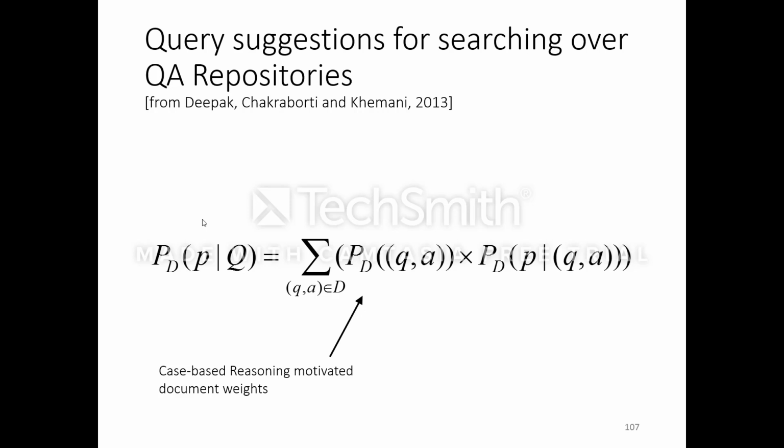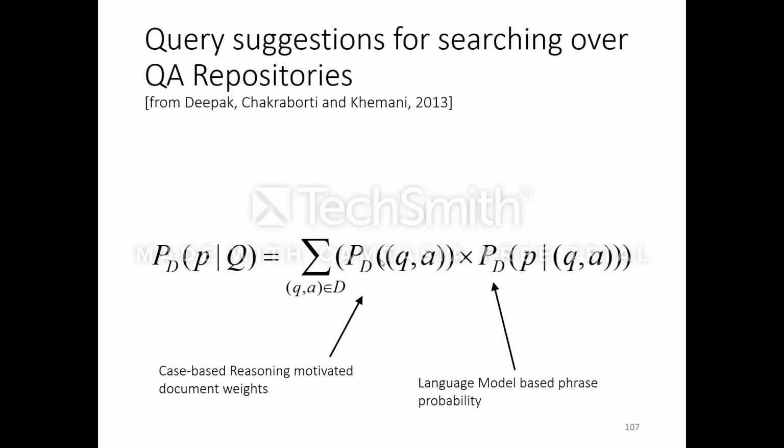And so there are case-based reasoning motivated document weights, and then there is a language model-based phrase probability. In the raw method, you could have simply used PD of P given Q comma A, which is basically using the document-based query suggestion over documents in the absence of query logs.